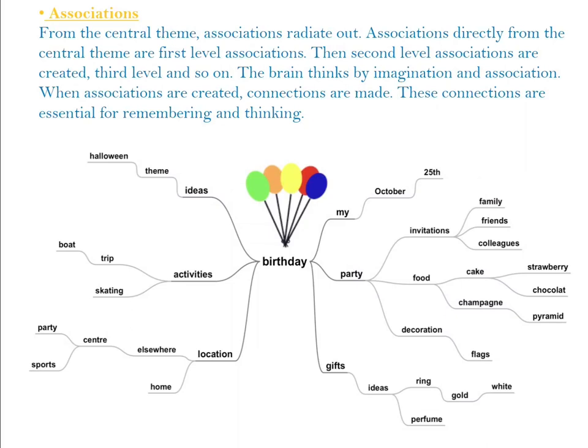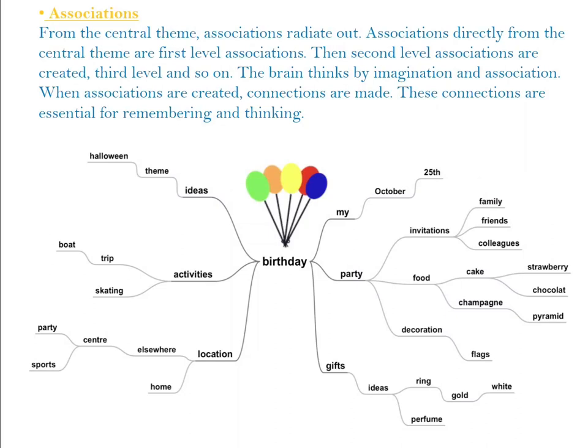What will you do for that birthday party? What games will be conducted? What gifts will be given? Where and when will be the birthday party? Different birthday party decoration ideas, etc. So once you think of a birthday party, various associations come to your mind.